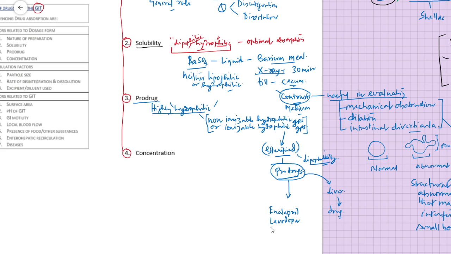And then there are antiviral drugs like valacyclovir, and most of the antiviral drugs are prodrugs, like oseltamivir. And there is a drug given for glaucoma, the prostaglandin latanoprost. Okay, so these are all prodrugs. So prodrugs have got increased rate of absorption from the GIT. So prodrugs are rapidly absorbed from the GIT.